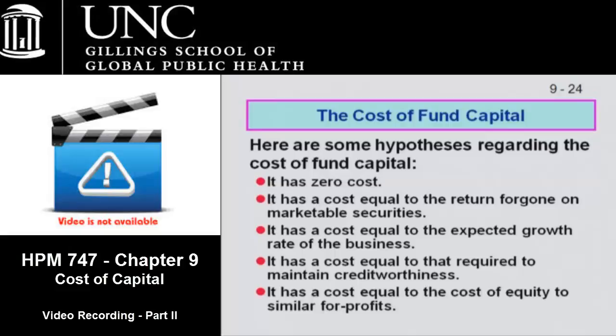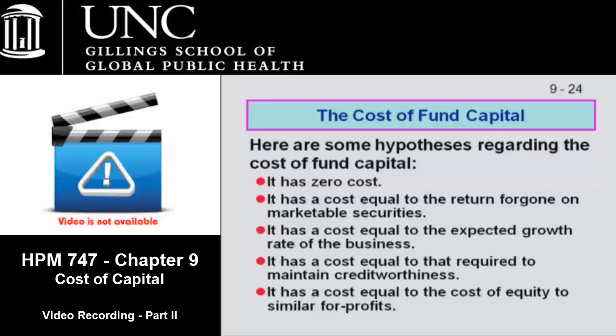So this argument is because your credit worthiness will affect the rate of return you get on equity, will affect the cost of debt, that you want to make sure that Standard & Poor's and all the other fellows and men and women who make decisions about what the bond rating is going to be of a healthcare organization, you want to make sure they're happy and that you maintain your credit worthiness so that you maintain your bond rating and you minimize the cost of debt.